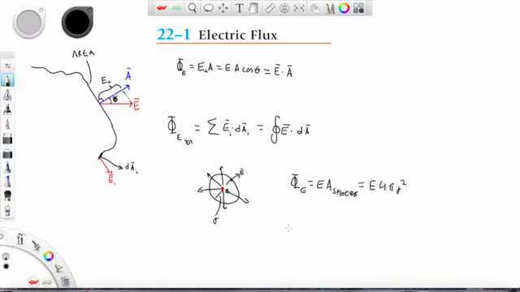Before moving on, however, it's worth noting that the flux can be either negative or positive. For example, let's have another surface here. We have some electric field line, just one going through. Here's the electric field at that point, and here is the electric field when the flux is coming in.